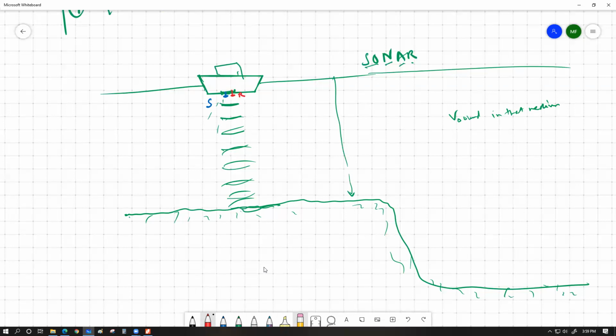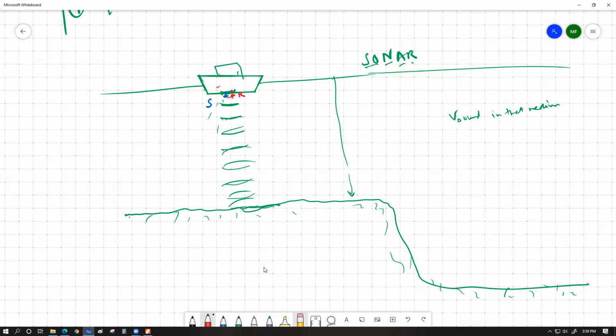The source, the blue thing, is going to make the ultrasound pulses, and the R, the red thing, is responsible for receiving the ultrasound pulses, and they're placed pretty close to each other. So whenever this source makes the ultrasound, it will be almost immediately received by this one.